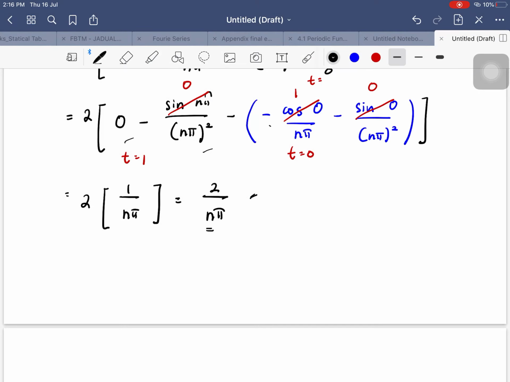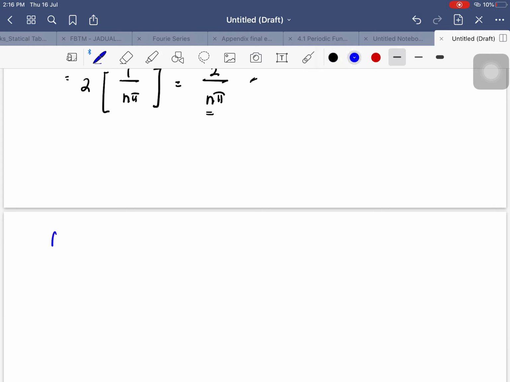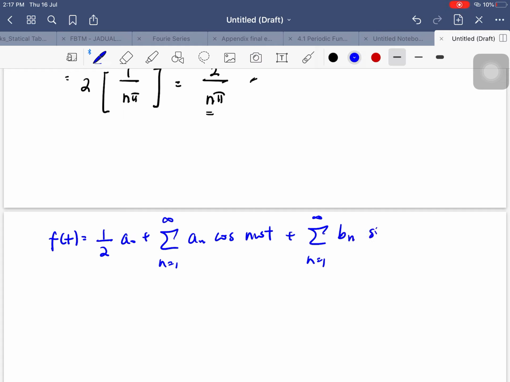So for this case, now I'm going to start writing my function f of t. Remember the formula for the Fourier series: a naught over 2 plus the sum from n equal 1 to infinity of an cos of n omega t, plus the sum from n equal 1 to infinity of bn sine of n omega t.